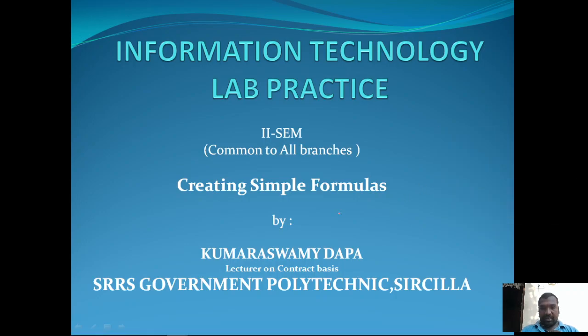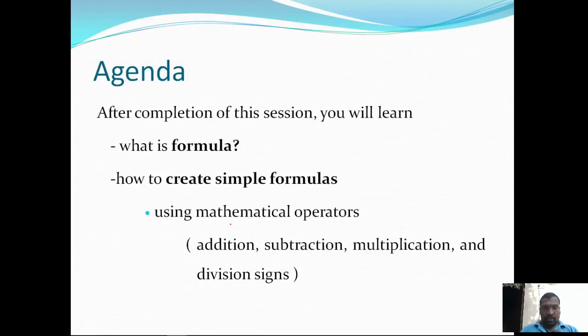In this session, we are going to discuss creating simple formulas in MS Excel. After completion of this session, a student will be able to know what a formula in MS Excel is and how to create simple formulas using several mathematical operators like addition, subtraction, multiplication, and division signs.